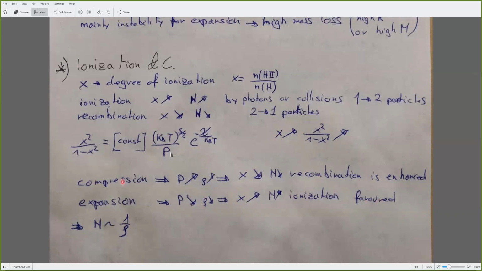This is also something that is important in the study of stellar atmospheres, because the degree of ionization is connected with the depth of a line in the spectra.